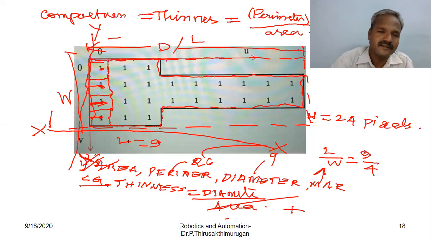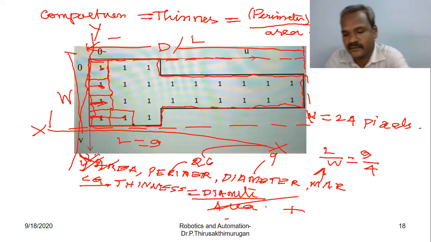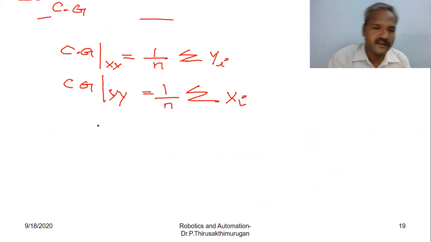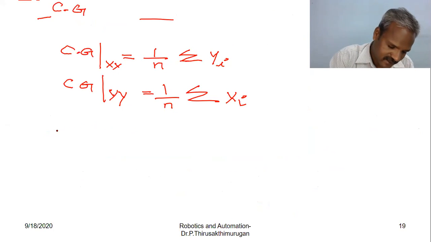Then the next pixel from the reference, what is it? 3/2, sir. Very good. How many at 3/2? 4. 4 into 3/2.